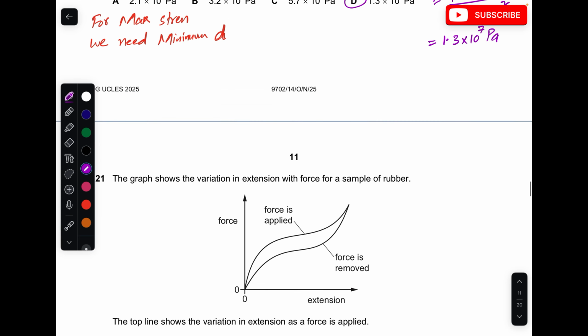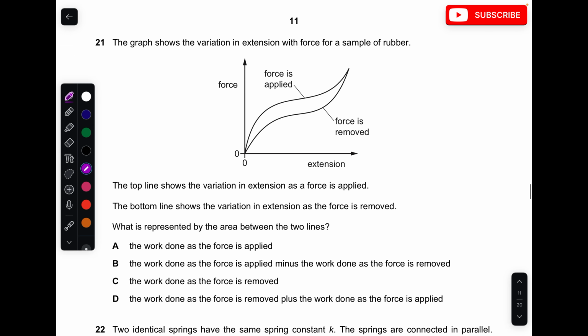Okay. Moving forward, the graph shows the variation in extension with force for a sample of rubber. The top line shows the extension, so there it is moving. The bottom line shows the variation in extension when the force is removed, so it is moving back in that direction. What is represented by the area between the two lines?